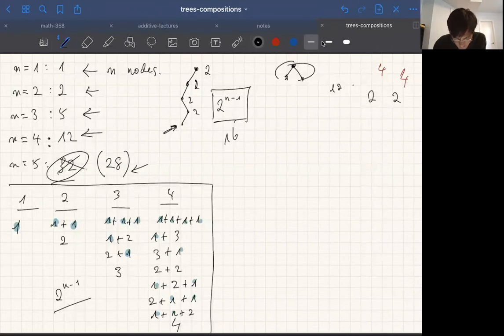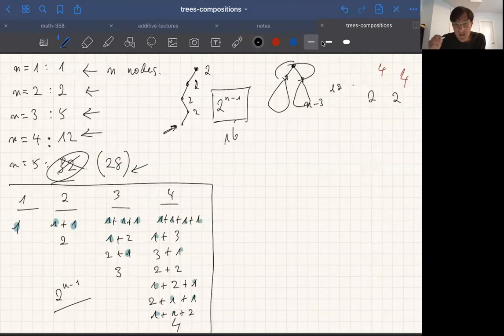I think let's just do this. The summing might be the correct way to go, because there are n minus 3 left. And so some of them have to go on the left, some of them have to go on the right.